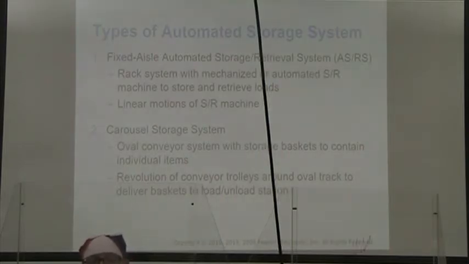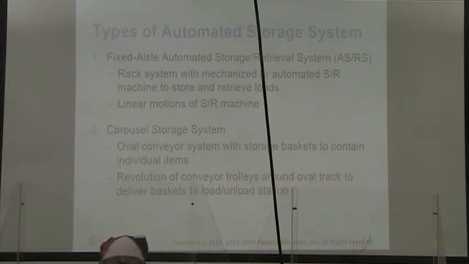So the types of automated storage system, the first is the fixed aisle automated storage and retrieval system, often called AS/RS. This is an ordinary kind of rack system with a mechanized or automated storage and retrieval machine that stores and retrieves the loads.